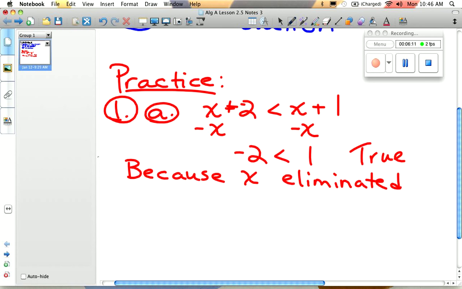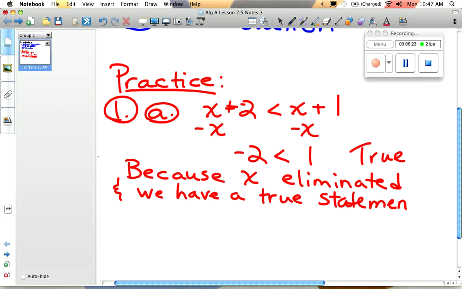Because x eliminated and we have a true statement. It could have been any other variable, could have been n or a or whatever, but it's the variable x that eliminated, it's gone, and we ended up with something that is true.